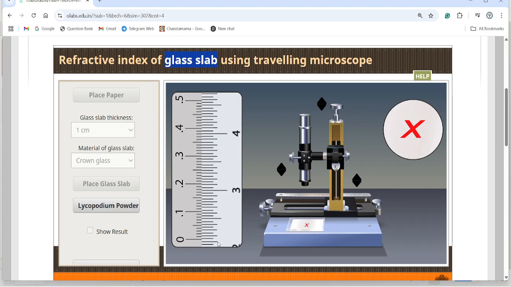Understood? So it is 2.1, then the next reading is 2.15. This 0 is between 2.1 and 2.15. It has not crossed 2.15, so I need to take the lower line. So 2.10 is the main scale reading.